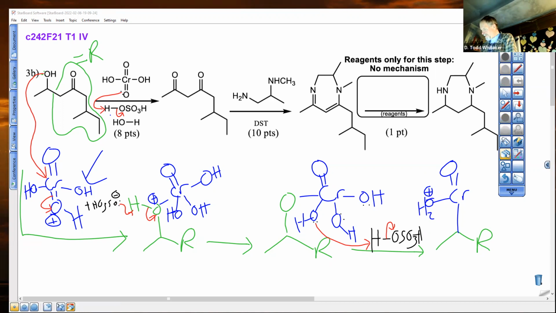Chromium has an O bonded to the R. I don't know what was going on there. Here we go. Chromium has a bond to O, bonded to the carbon that is bonded to R. And let's make sure our chromium is all cool.